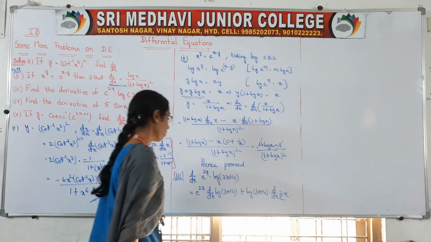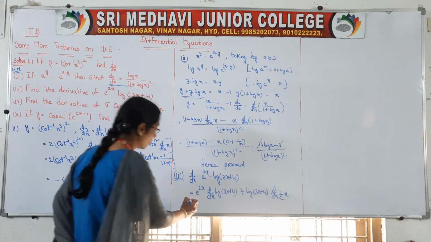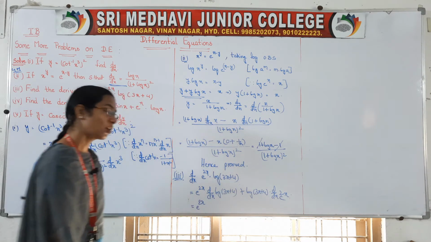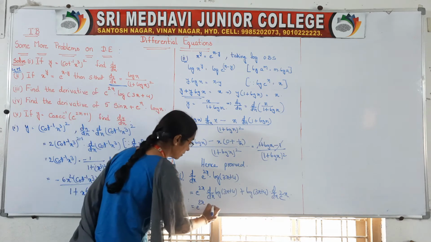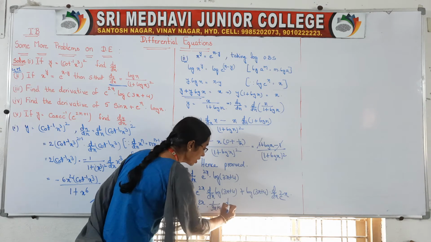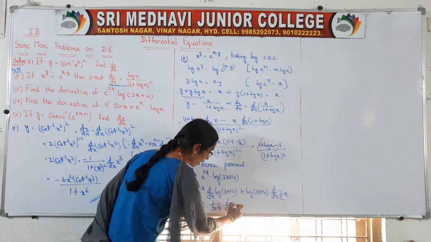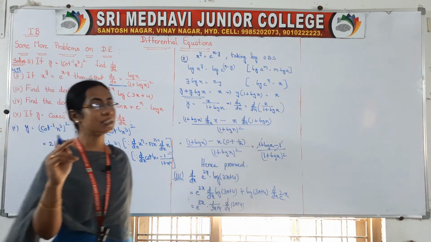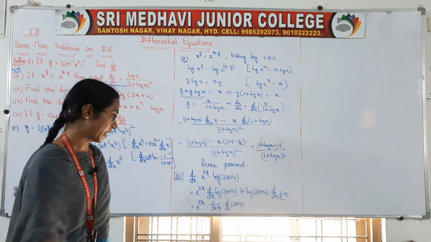Right. So what happens? This is equal to e to the power of 2x d by dx of log of any value is 1 by that value into d by dx of that value. Isn't it? D by dx of log x is 1 by x into d by dx of that variable.